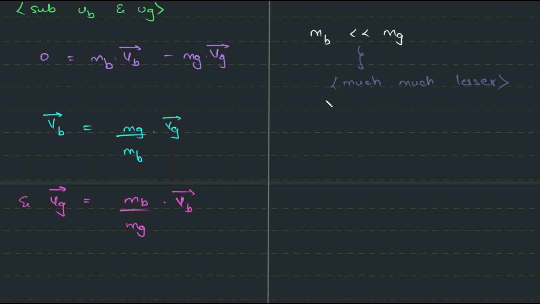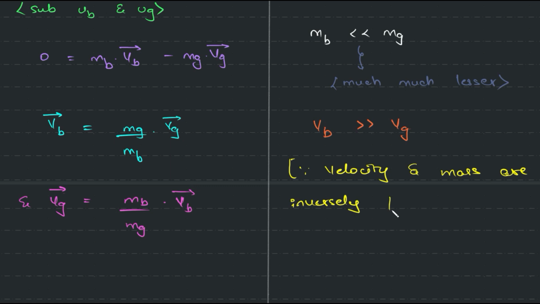So this being the aspect, if mb is much lesser than mg, what can we tell? Yes, vb will be much greater than vg, because velocity and mass are inversely proportional.